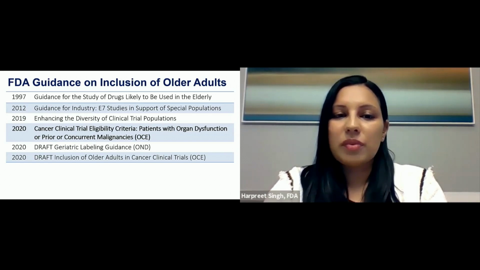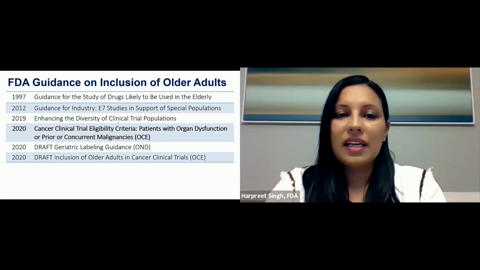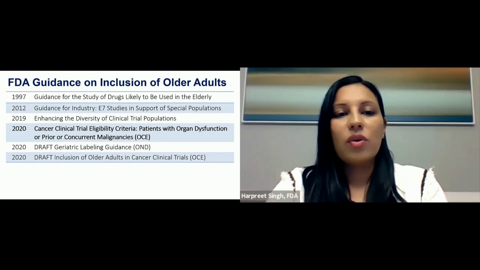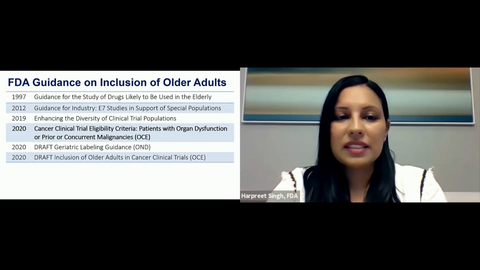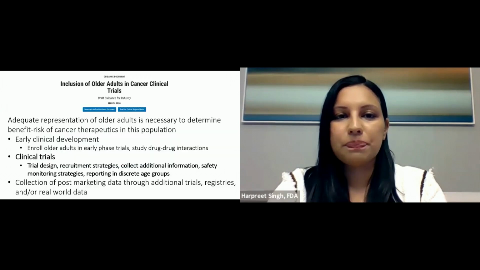The oncology group in particular has highlighted key eligibility criteria, such as patients with organ dysfunction or prior or concurrent malignancies, which have particular relevance to older adults, and that final guidance was published in 2020.